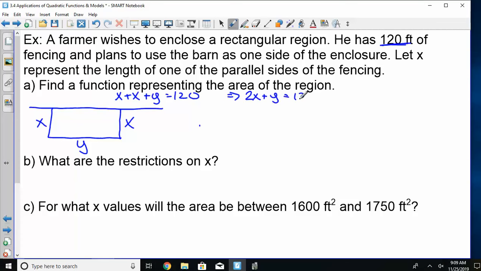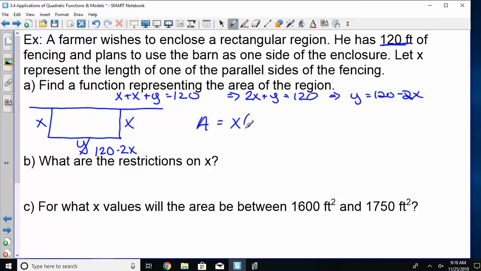Could you get the Y by itself? What would you do? So that other side is the 120 minus 2X. Another way to think of it, if you have 120, you have to take X off for each of those sides, so you have 120 minus 2X left. Okay, I want a function for the area. How do you find area?